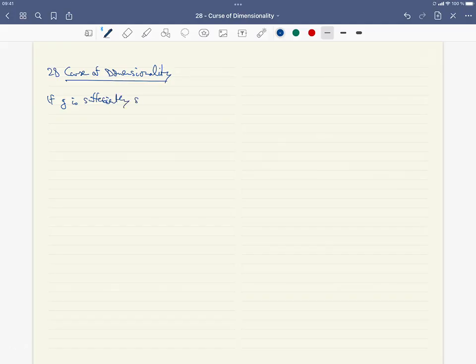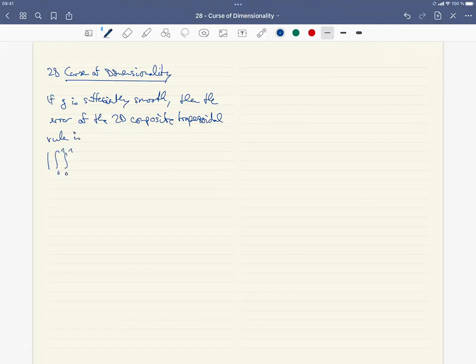If g is sufficiently smooth, then the error of the 2D composite trapezoidal rule looks like this.